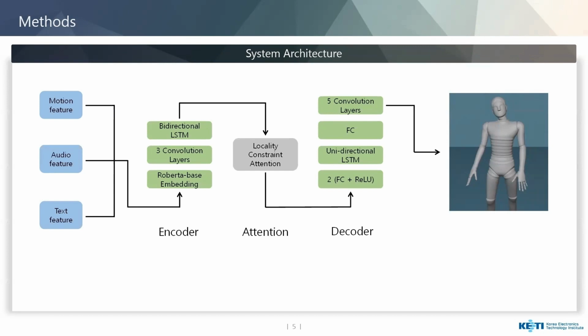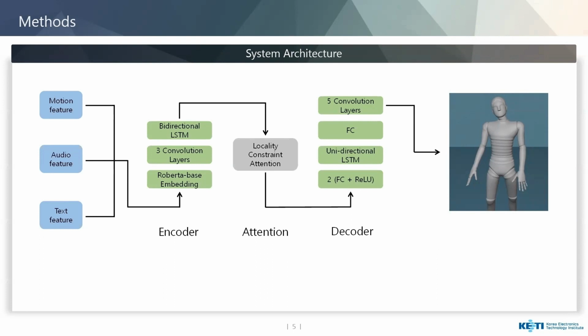Our gesture generation model consists of an encoder and a decoder. The encoder takes input data as one-hot vectors and converts them to embedding vectors via word embedding and processes them with 1D convolutional layers and a bidirectional LSTM to generate encoded features.